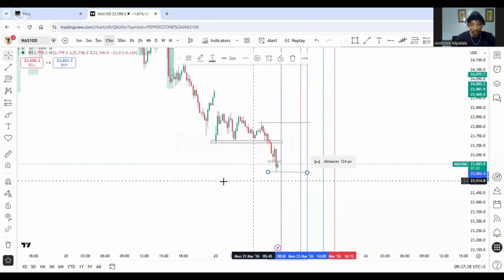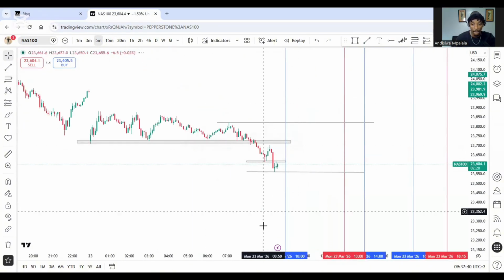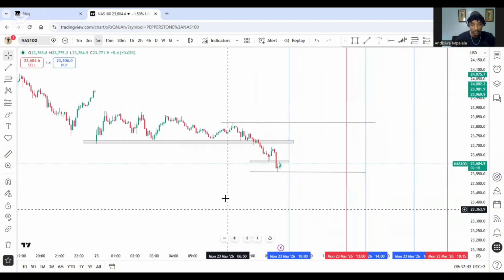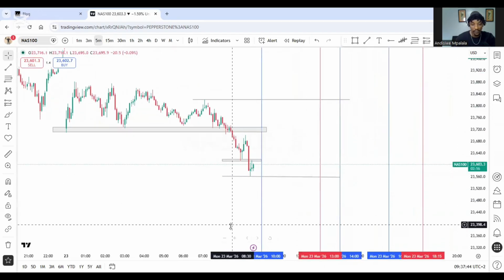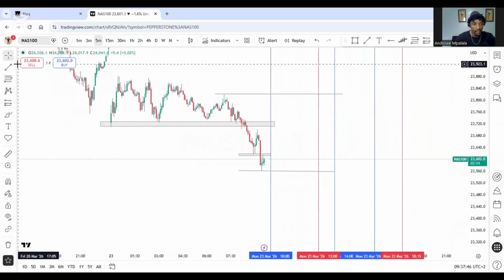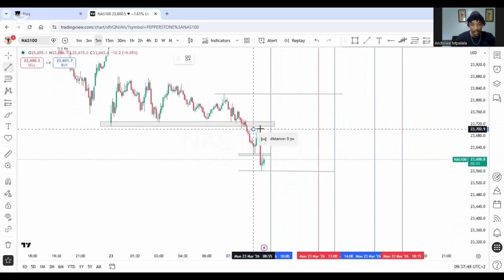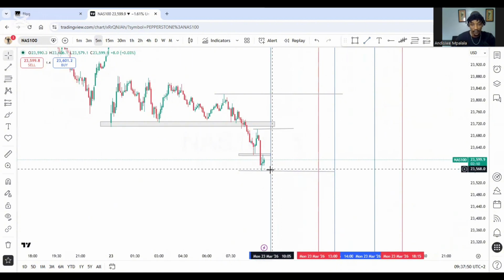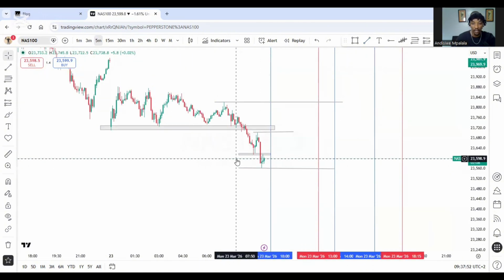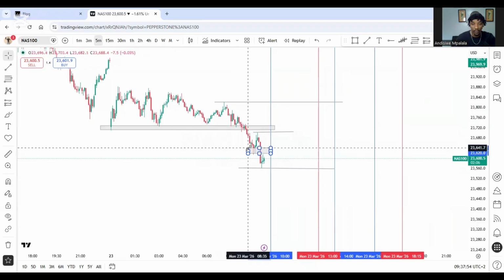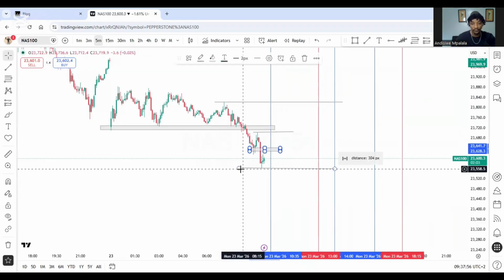Now if we go to our 5-minute time frame, that's where things get a little bit clearer in terms of structure. We can see right here that there is a high that was created. So what is it that we are hoping this market does?